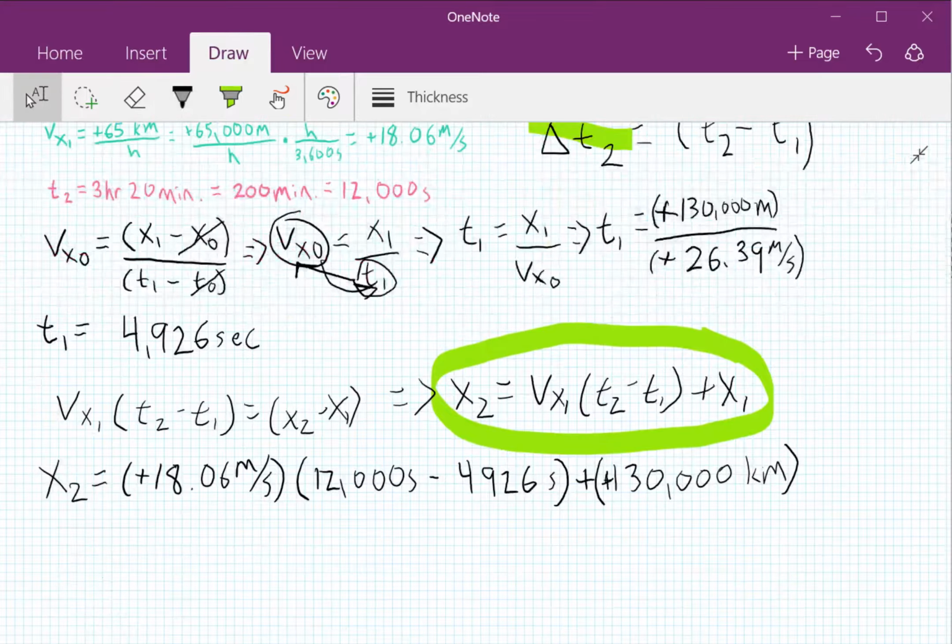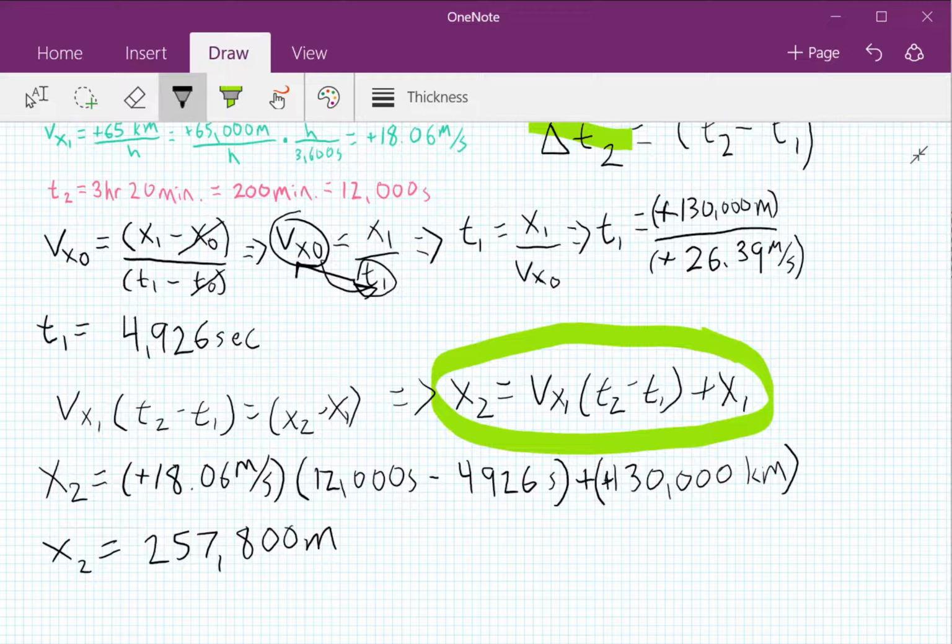And the value you should find, that the total distance will be 257,800 meters.